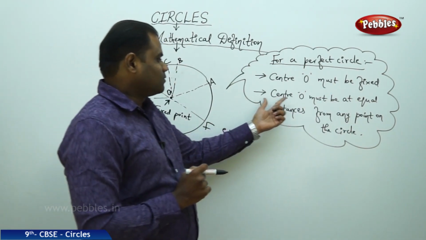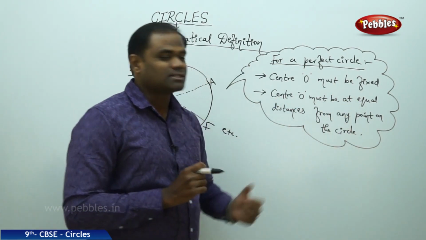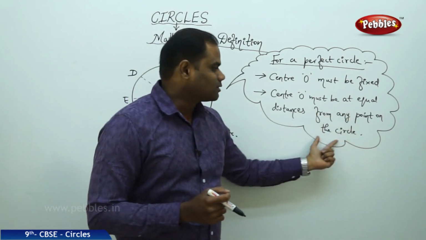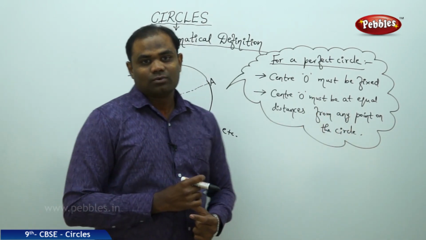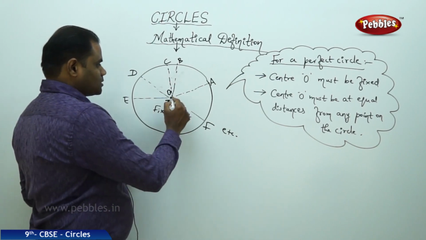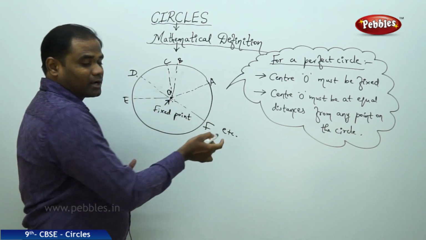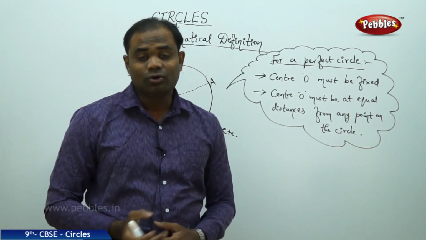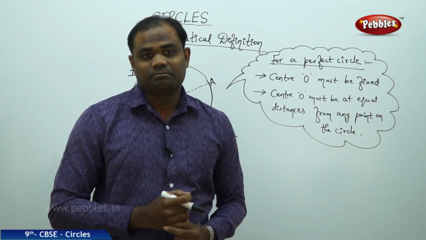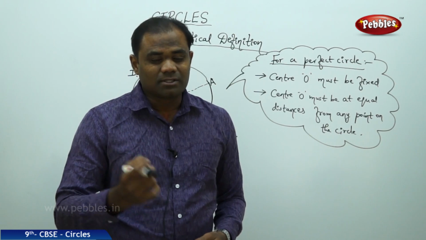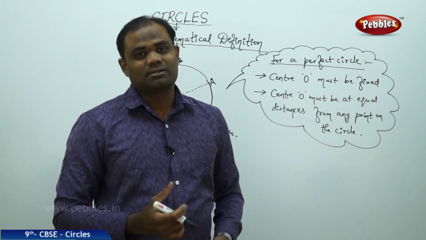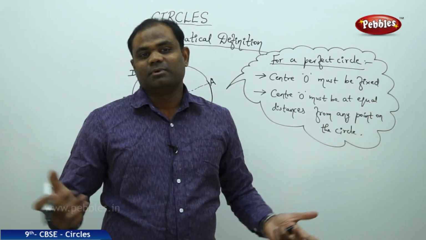Secondly, the center O must be at equal distances from any point on the circle. So when I take a ruler and measure the distance OA, OB, OC, OD, OE and OF, etc., all the distances must be same. Even if one distance is not the same as other distances, then the circle is not perfect.